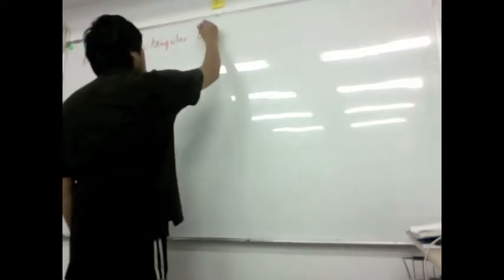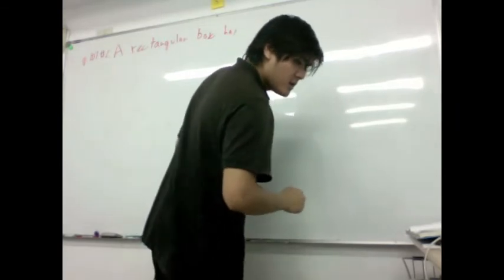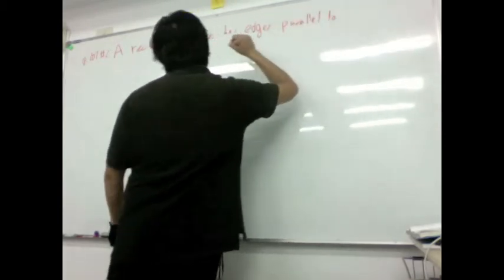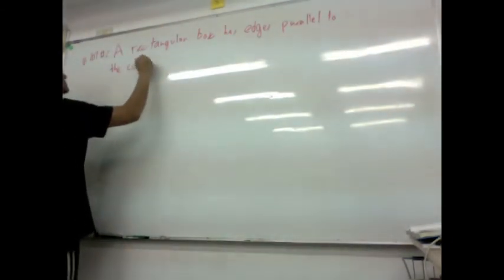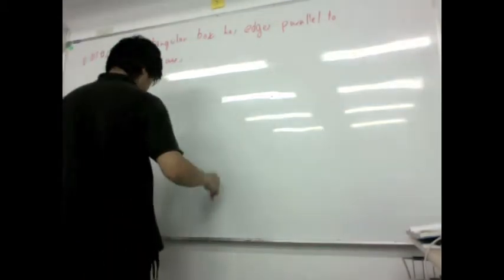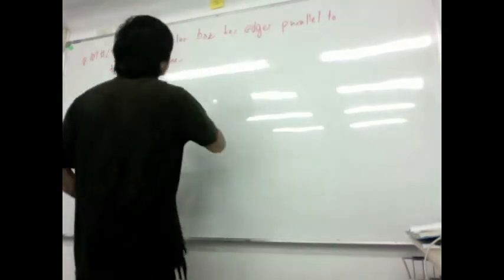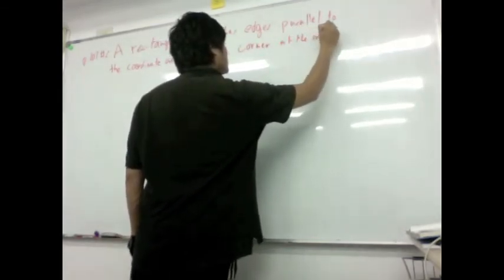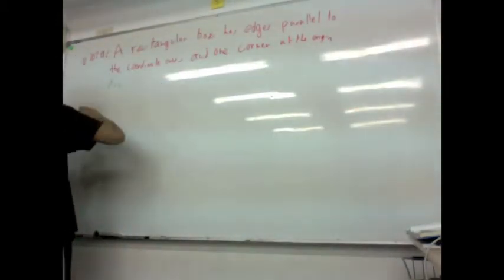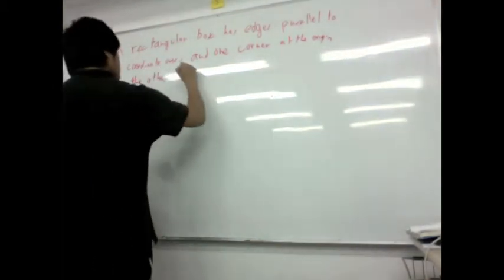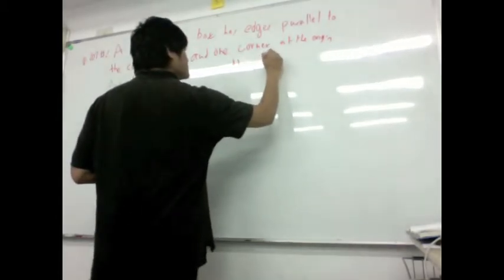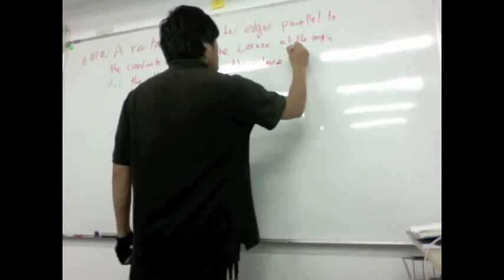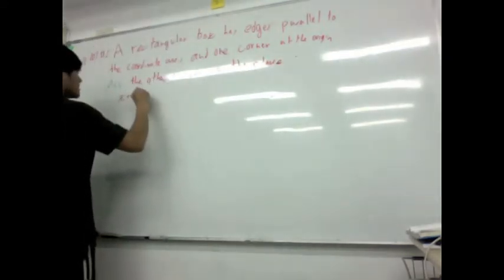A rectangular box has edges parallel to the coordinate axes, and one corner at the origin, and the other corner on the plane x plus 2y plus 3z equals 6.